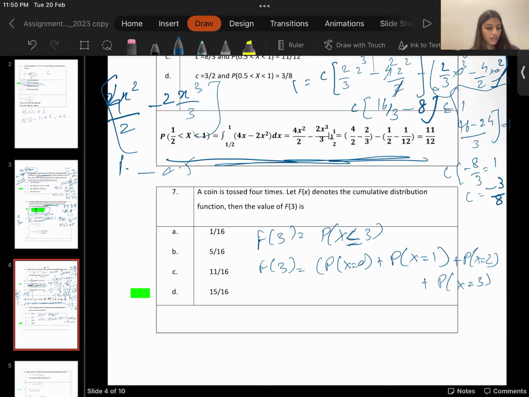So when you toss the coin 4 times, you'll have 16 different outcomes, combinations. Sorry, let me just get back to this.